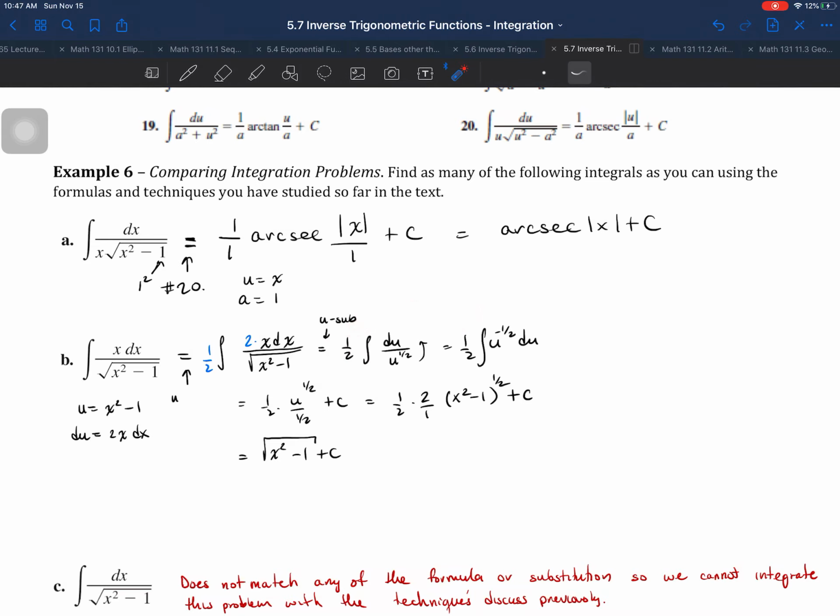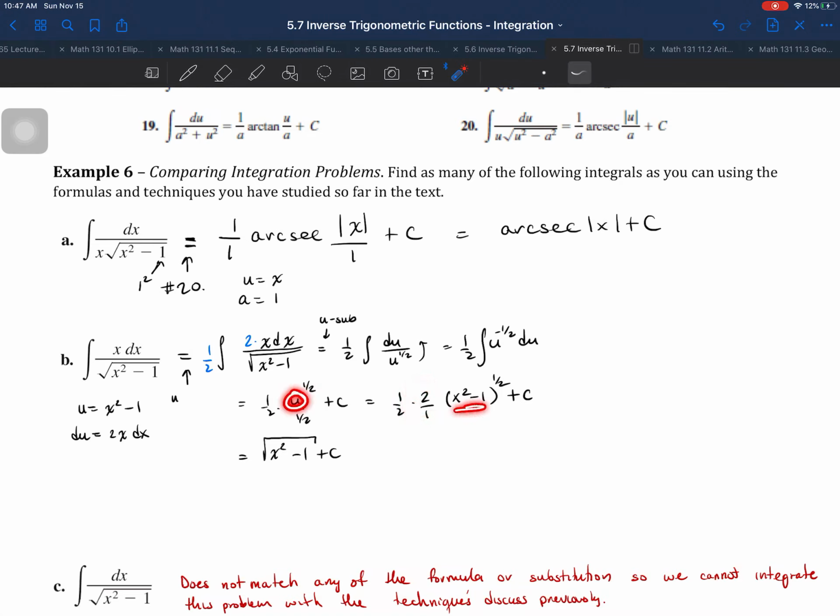And then now we have 1/2 times the integral. I'll move this to the top: you have u to the negative 1/2 times du. By using the power rule, we can integrate this by adding 1, which gives you positive 1/2, and then dividing by the new power. When you divide by a fraction, you can multiply by the reciprocal.